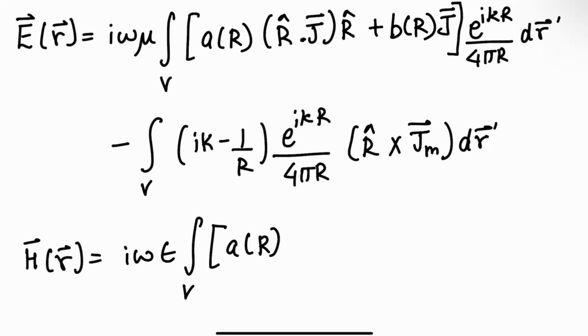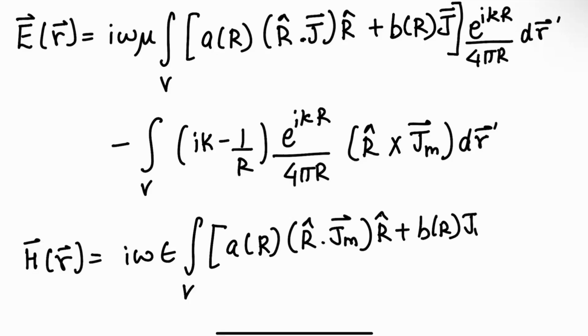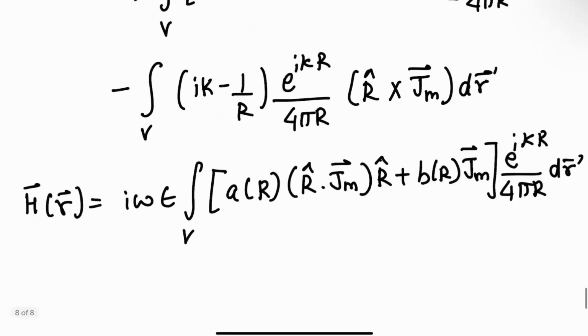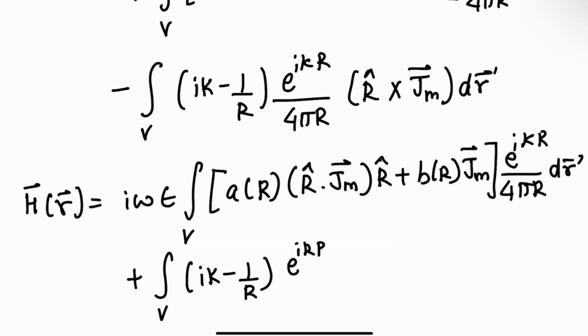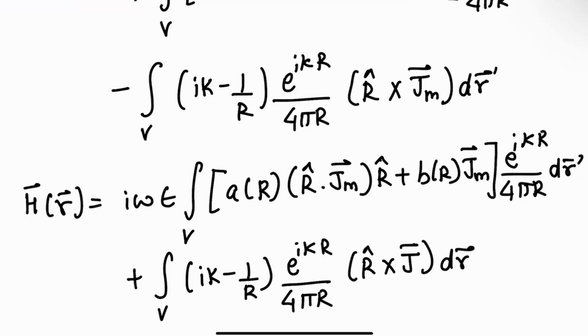So very similar here. A(r) r-hat dot Jm r-hat plus B(r) Jm, e^{ikr} over 4πr dr prime, plus volume integral (ik - 1/r) e^{ikr} over 4π r-hat cross J dr prime.